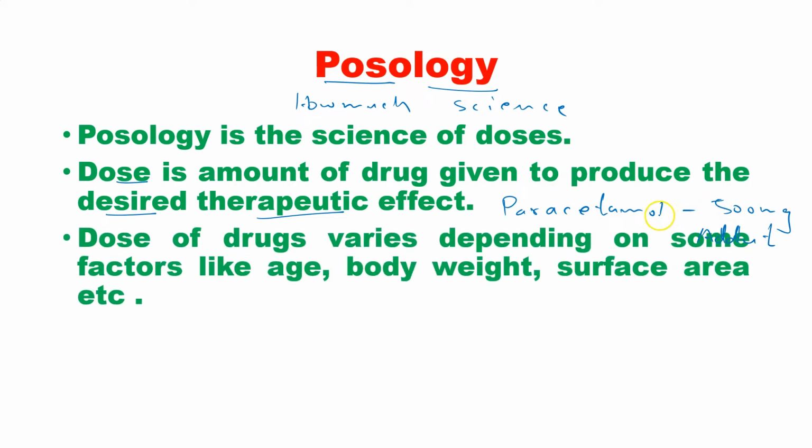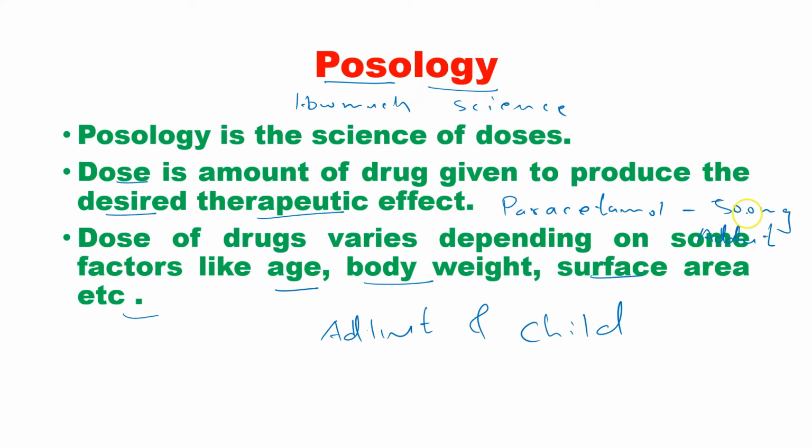The dose of a drug varies depending on some factors, like age, body weight, surface area, etc. So these are some factors that will affect the dose. If we take two cases, an adult and a child, the dose for an adult and the dose for a child will be different.